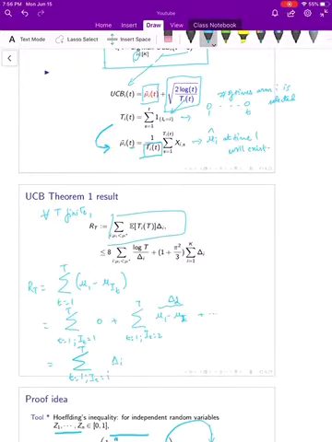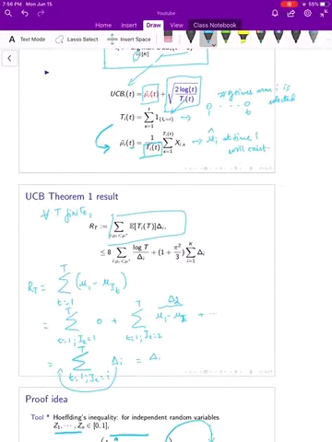So now we have to remove the dependence on T. You can actually see it here. So delta I can be moved outside the summation.